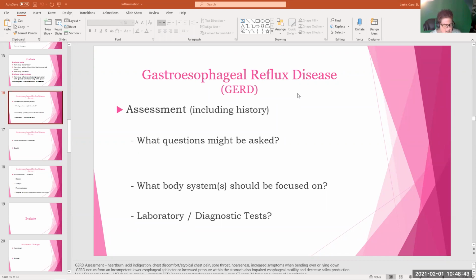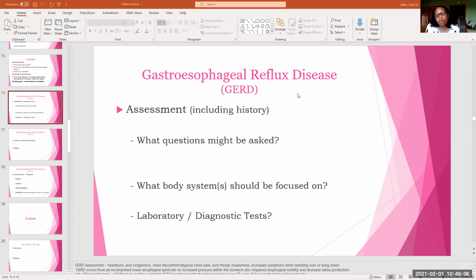It can, but not so much. I mean, it'll cause gas, which will cause distension, but it's not going to actually affect the lower esophageal sphincter to a great degree. You'd have to consume a lot of carbonated beverages.